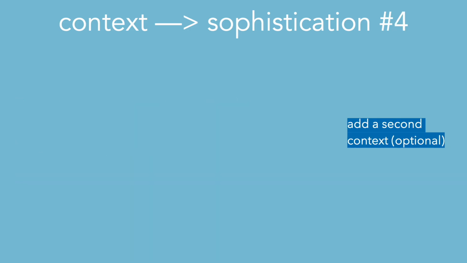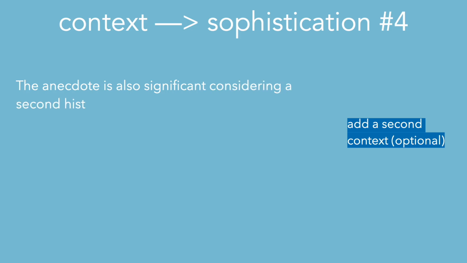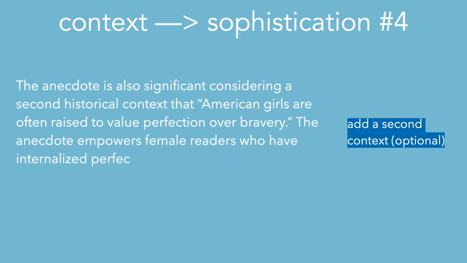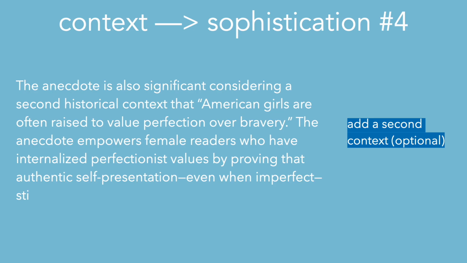Step number 4. If there is another context, add it. The anecdote is also significant considering a second context that American girls are often raised to value perfection over bravery. The anecdote empowers female readers who have internalized perfectionist values by proving that authentic self-presentation, even when imperfect, can help win support.